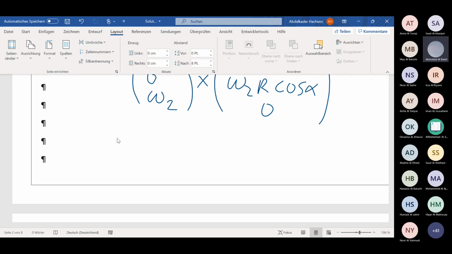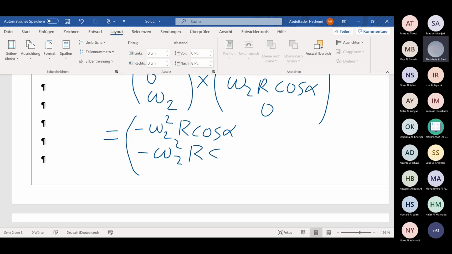Then if we develop, we get the following expression: minus omega 2 square r cosine alpha, minus omega 2 square r sine alpha.